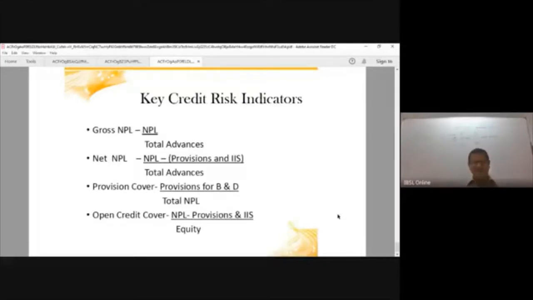So this cover is also an indicator of what precautions you have taken against your bad debts. You take the total provision for bad debts divided by total NPL, which will give you a percentage called provision cover. Generally, a bank should have a benchmark. Generally, they say at least 25% of your total NPL should have been provided.